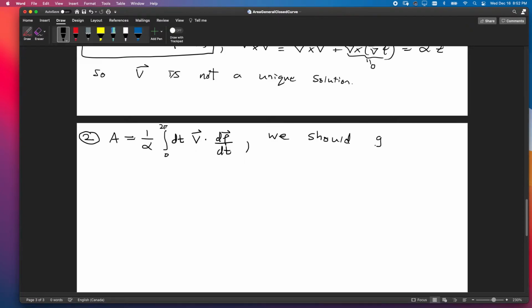We should get the same area if we use v prime instead.